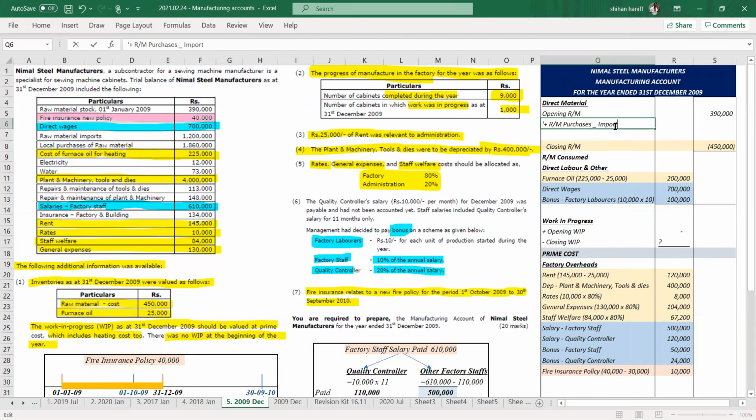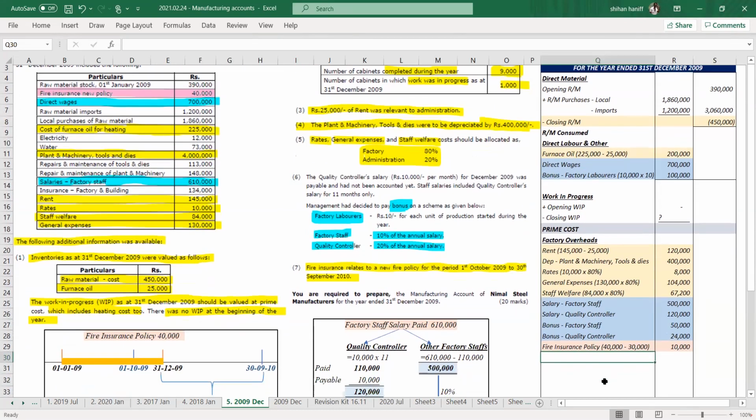So we can show separate raw material purchases and raw material imports. Local 1,860,000 and imports 1.2 million. And the total purchases 3,060,000. Then we have other factory overheads.